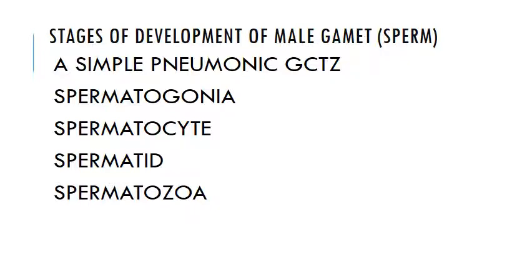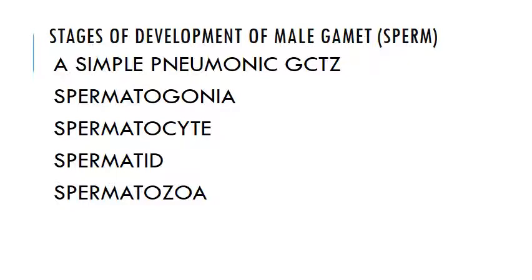While dealing with normal development of testes, it is important also to deal with various stages of development of the male gamete, that is the sperm. A simple mnemonic that we can remember is GCTZ, the various stages of development of the germinal cells.